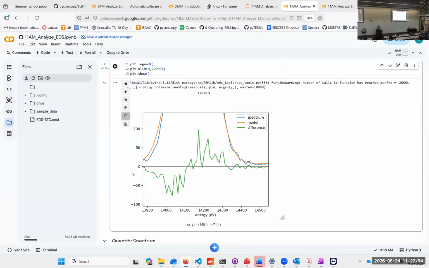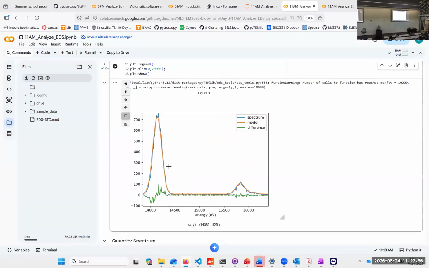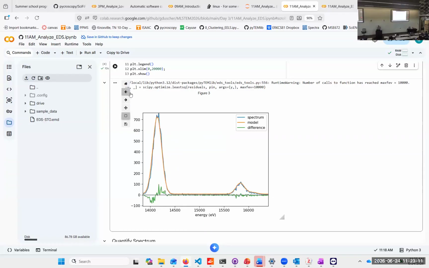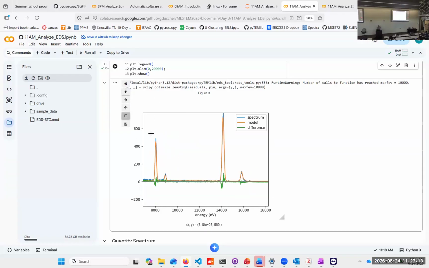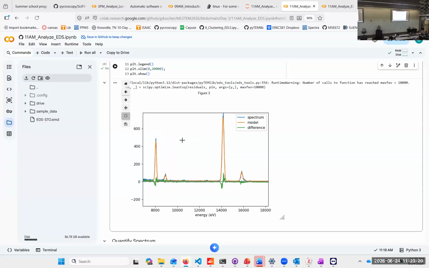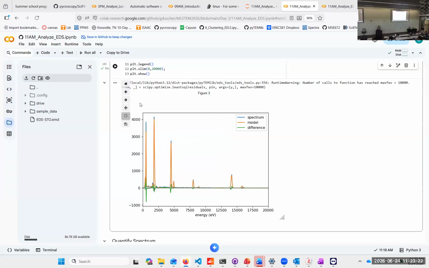The nice thing now is I can actually look at my noise level in the system unambiguously, right? So we can see exactly where it is supposed to be. And the high-lying edges, as we have them here, so that is titanium, works very nicely.